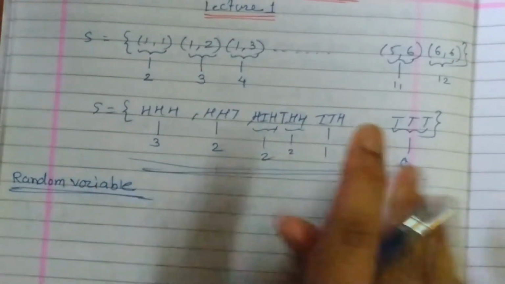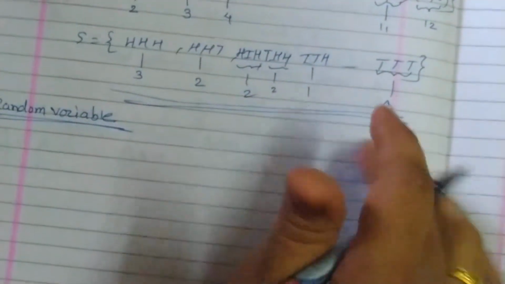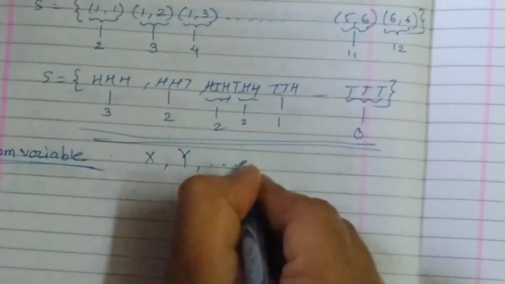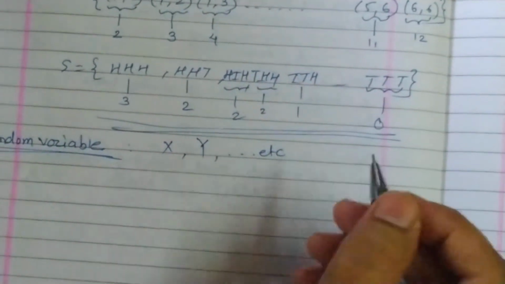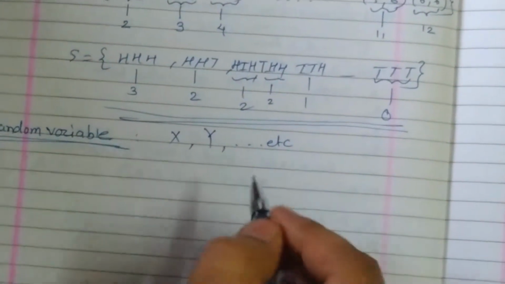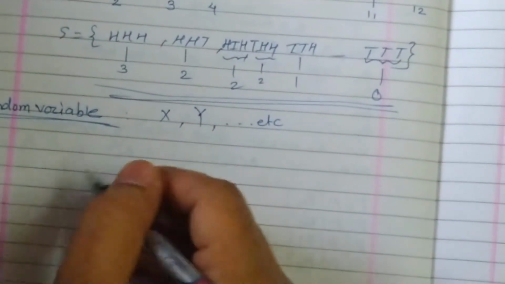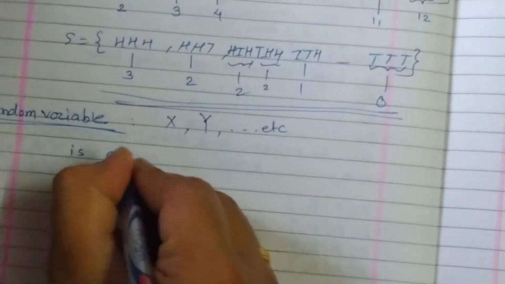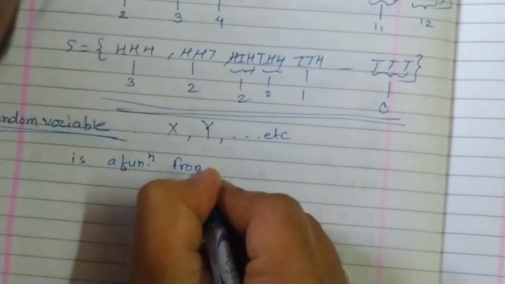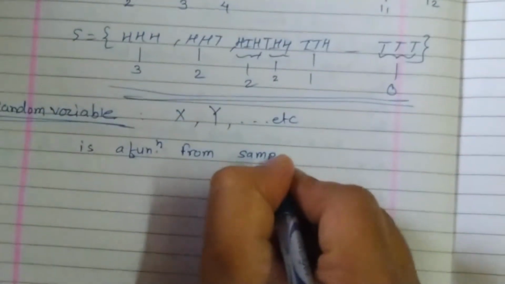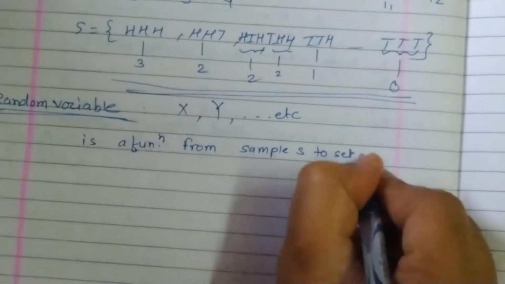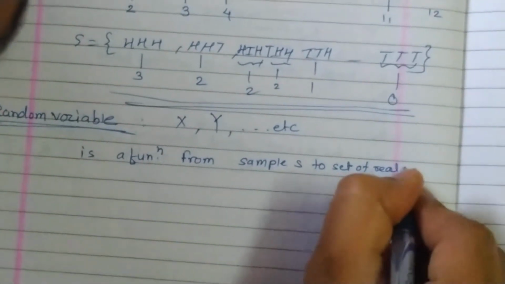These random variables are usually denoted with capital letters, either capital X or capital Y. So in general, to define the concept, a random variable is a function from the sample space S to the set of real numbers.